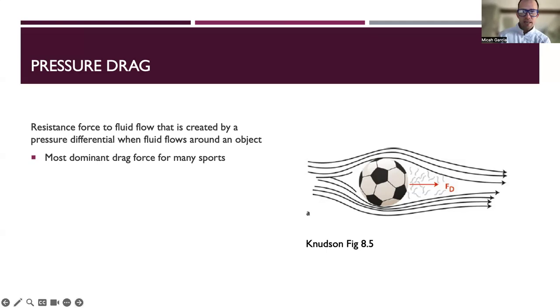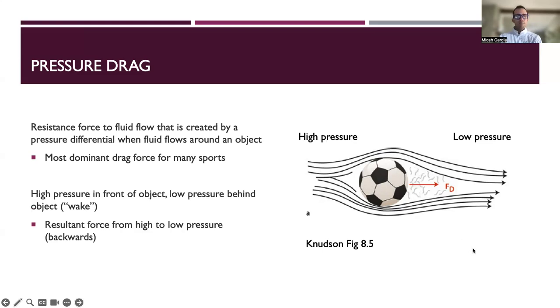So what you see here is that you've got a soccer ball, and the fluid, the air, is going from left to right, and there ends up being this kind of pocket behind the ball itself. What happens is you're going to have a high pressure in front of the object and a low pressure behind the object, which we would call the wake. There then ends up being a resultant force from going from high to low pressure, so backwards, acting against the direction of the ball, which results in it slowing down.